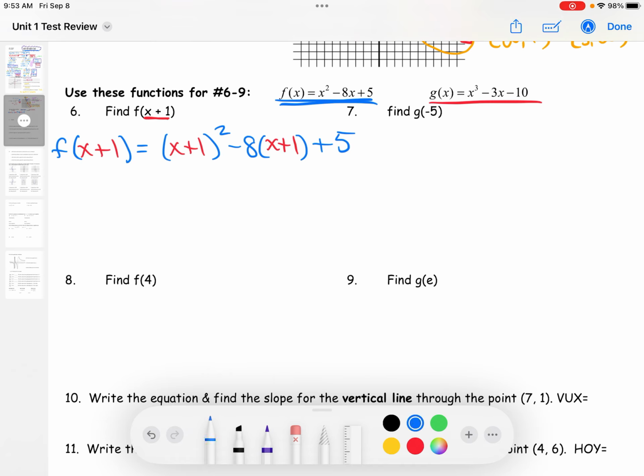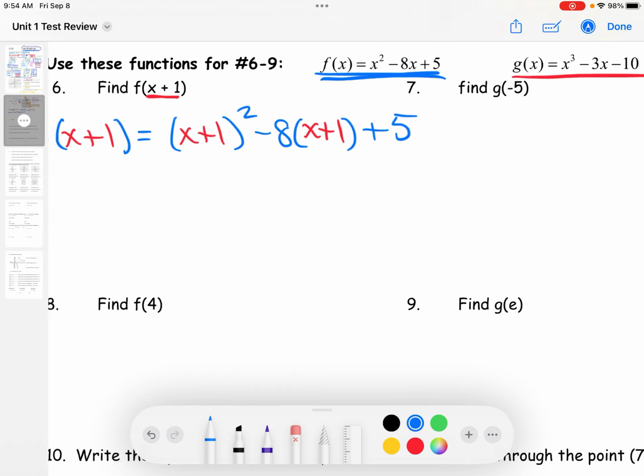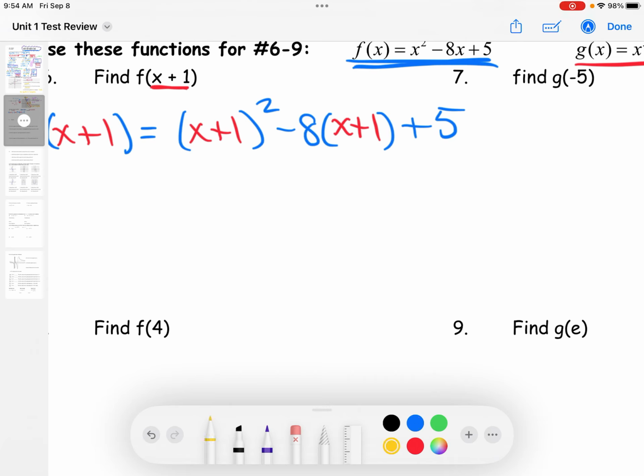Now, we need to simplify this. So take the x plus 1 and we need to square it. Remember, to square that x plus 1, we multiply x plus 1 by x plus 1, and we distribute, FOIL, do all the rainbows, however you think of that.